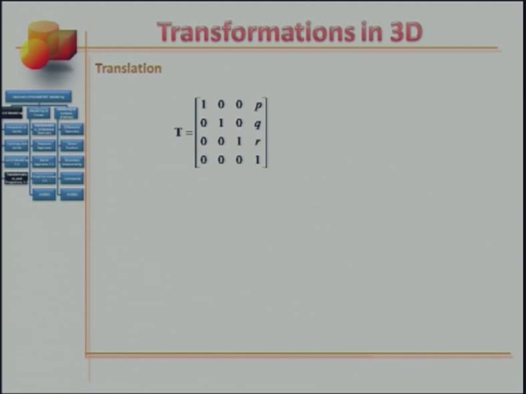A translation matrix in 3 dimensions is represented by a 4 by 4 matrix with this submatrix as the identity matrix. We have the top right submatrix, or the column vector, with non-zero entries. These entries are 0 and this 4th by 4th entry is 1.